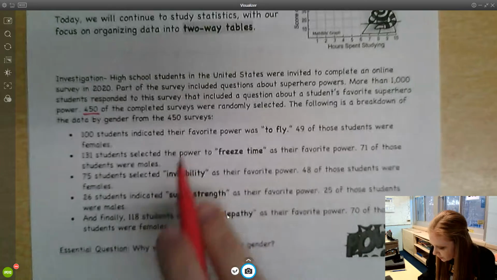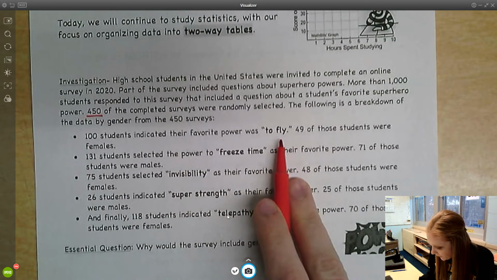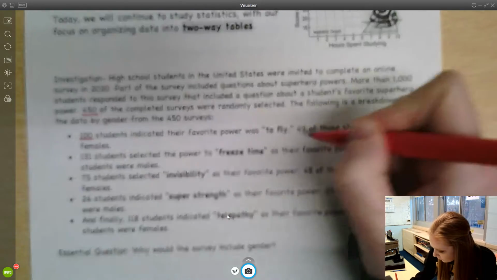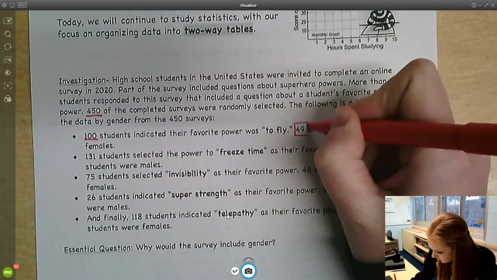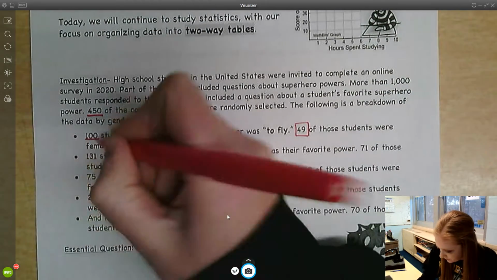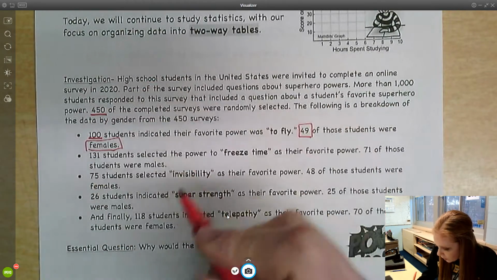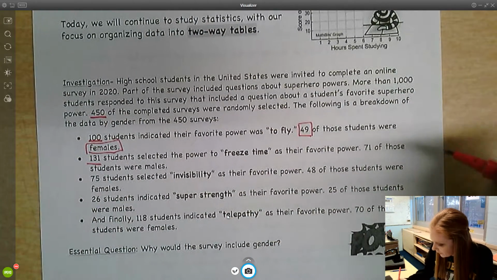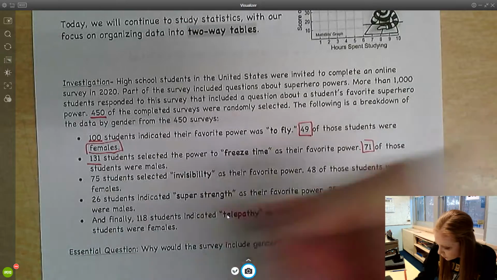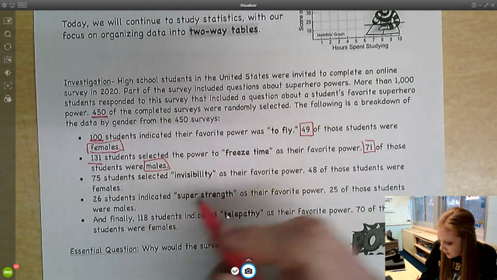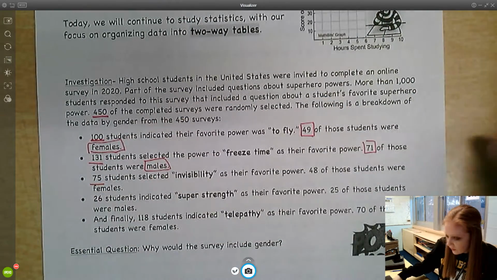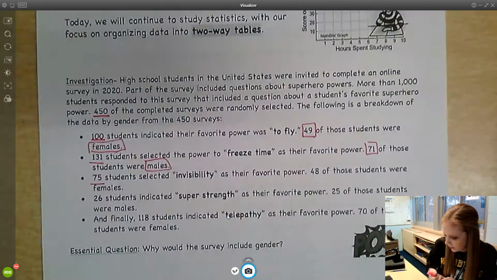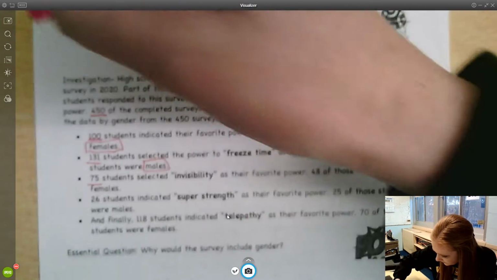So 100 students indicated their favorite power was to fly. 49 of those students were females. 131 students selected the superpower freezing time as their favorite power, and 71 of those students were males. I'm going to highlight all of our totals here.